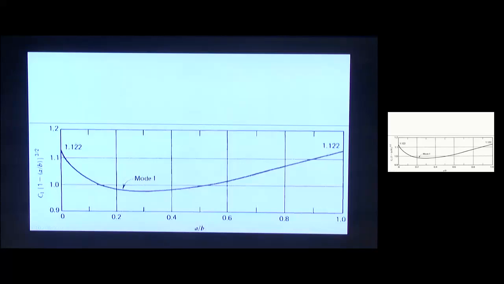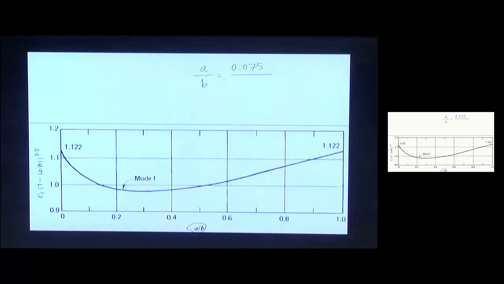And what it is as a function of A over B. So our A over B, right, is going to be the crack length divided by B, which is, say again? 10. Is that how it's defined in the first schematic?